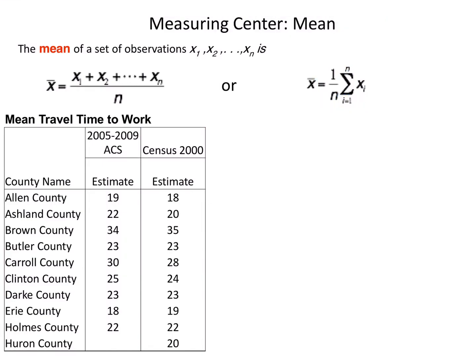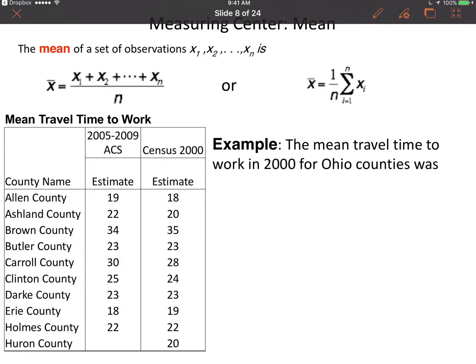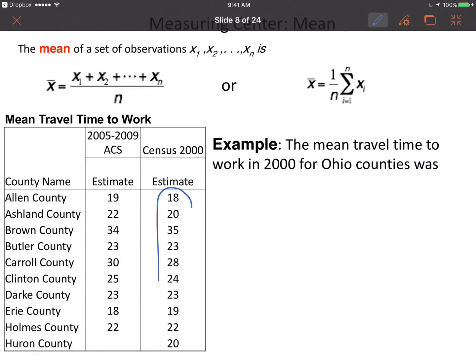All right, so let's try doing that for this data. So if I want to calculate the mean travel time to work in 2000 for the given Ohio counties, I'm just going to add up those travel times here. And I'm going to divide by the number of times I have.